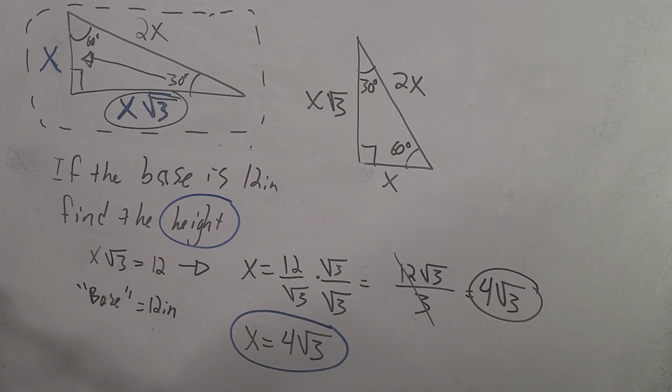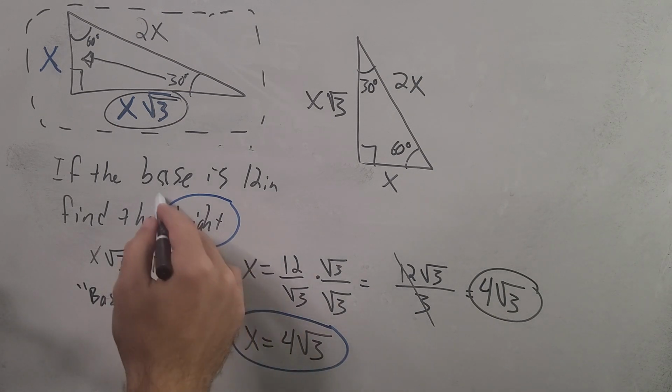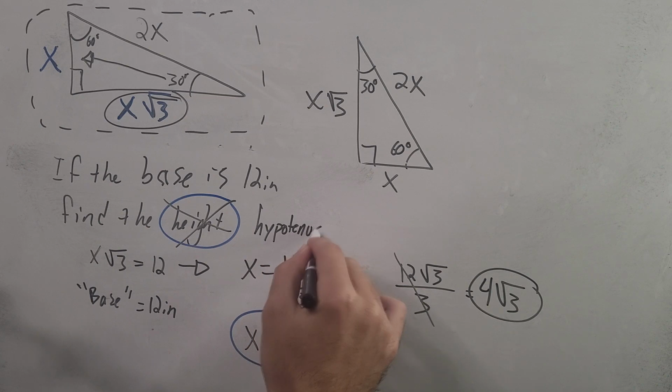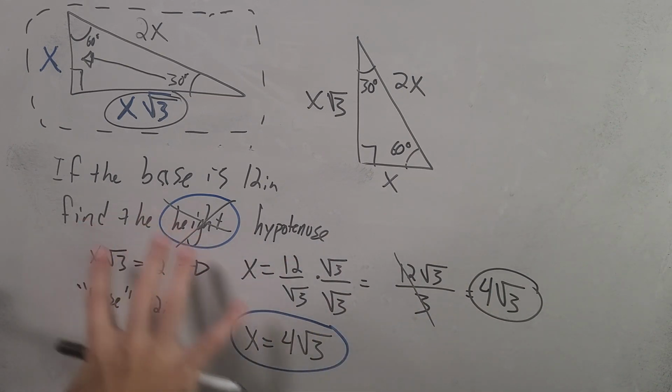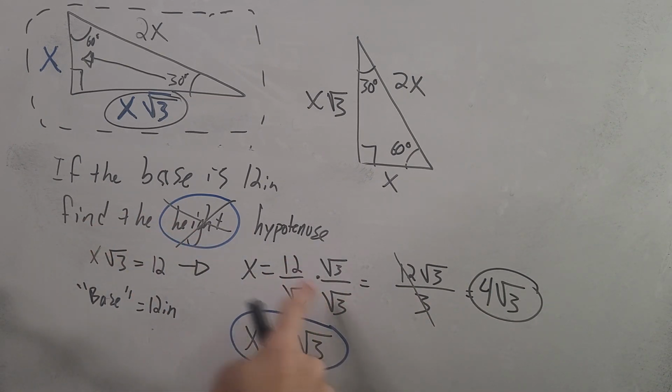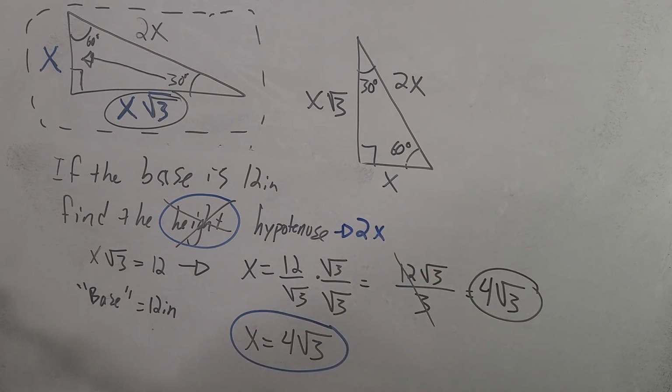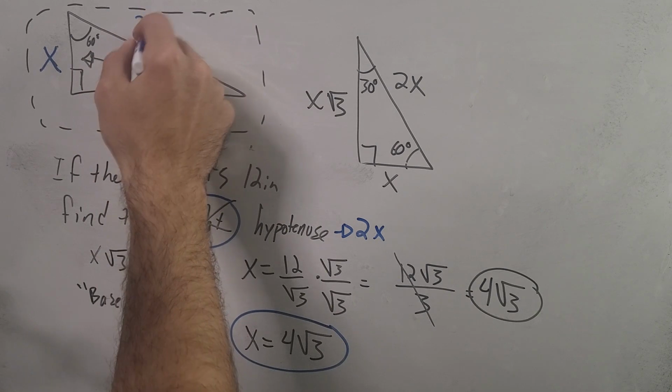You might ask yourself, well, what happens if they say, find the hypotenuse? Sure, we could do that. We did all this work properly. You would have had to do all this work anyway if you had to solve for the hypotenuse. But then think about what you would have done next. If they're asking for the hypotenuse, that's going to be the 2x value, isn't it? We know that the hypotenuse is 2x.